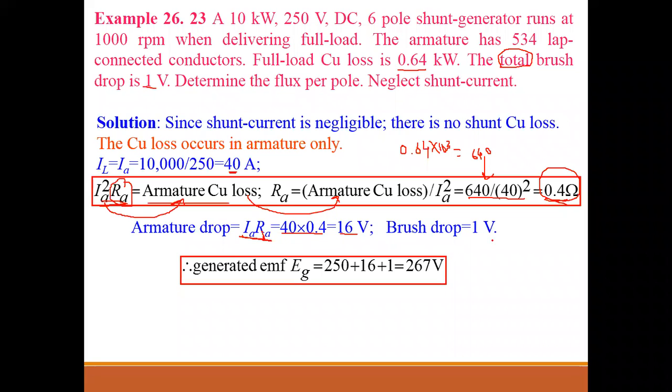आता आपल्याला काय कॅल्क्युलेट करायचंय? EMF जनरेटेड कॅल्क्युलेट करायचंय. EMF चा फॉर्म्युला काय आहे? पहा, मी थोडं लिहितो: VT प्लस IA RA, बरोबर? आणि आता इथं प्लस ब्रशचा ड्रॉप येणार आहे, बरोबर? ब्रश ड्रॉप.